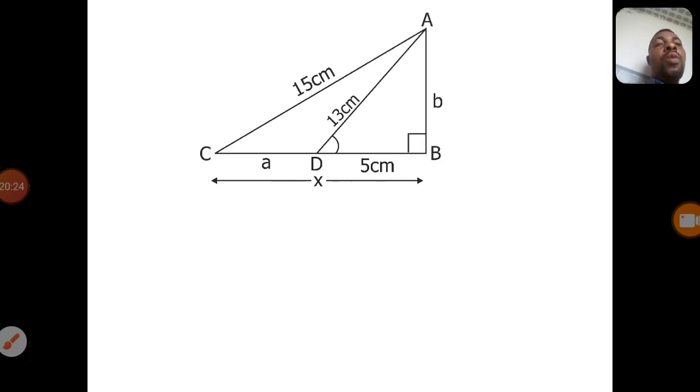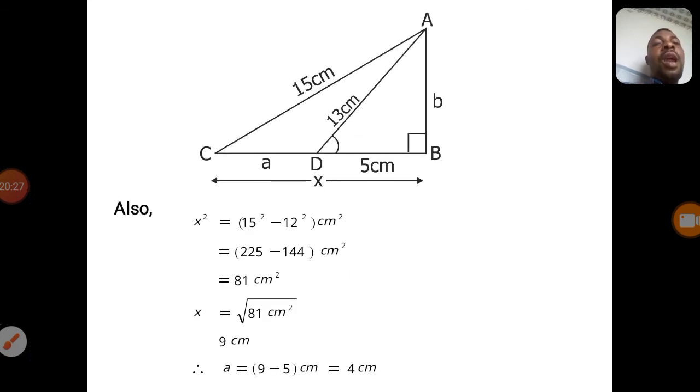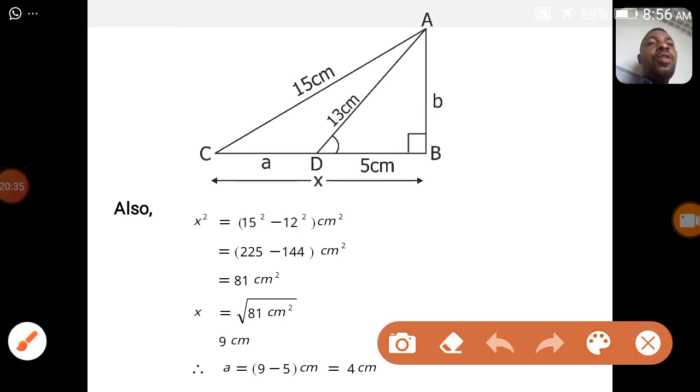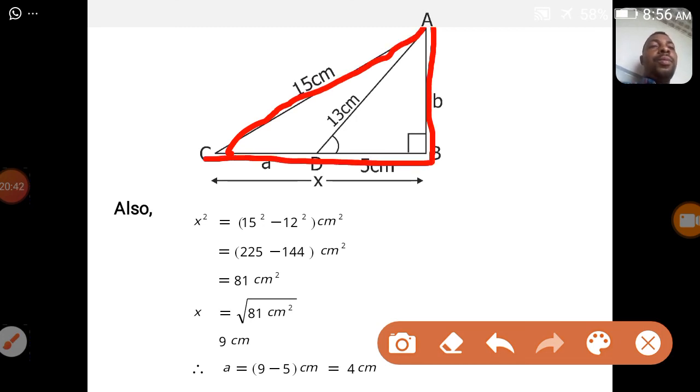Then we want to find what? A. A is the distance from C to D. But before we do that, we need to find x. By finding x, we are considering what? The triangle. We are considering triangle ABC.